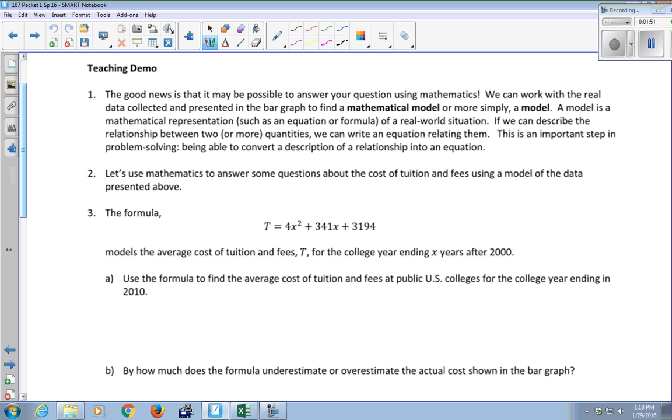So we can work with the real data collected and presented in the bar graph to try to find a mathematical model, or more simply just a model. A model is a mathematical representation, like an equation or a formula, of a real-world situation. So if you can describe the relationship between 2 or more quantities, you can write an equation relating them. And this is an important step in problem solving, being able to convert a description of a situation into an equation.